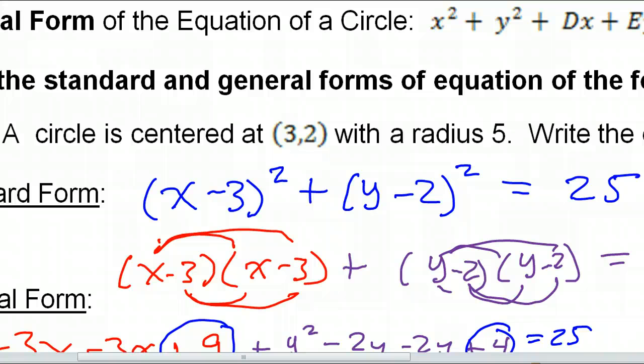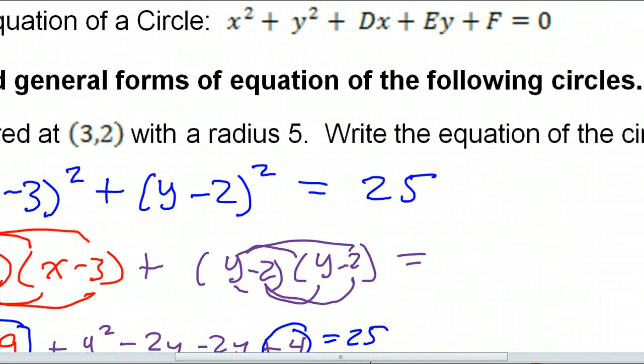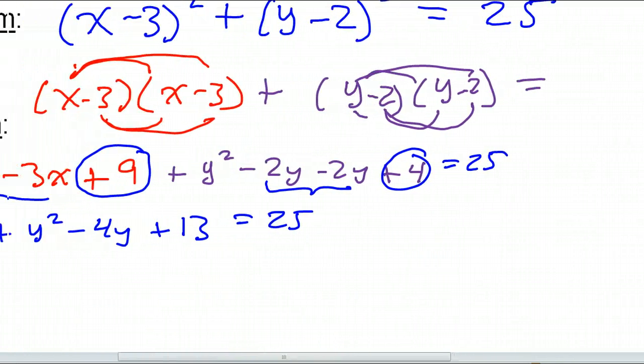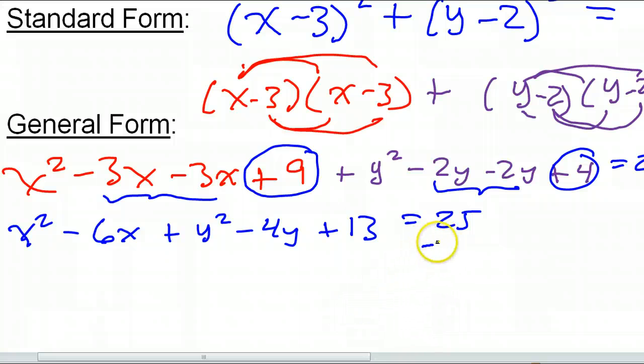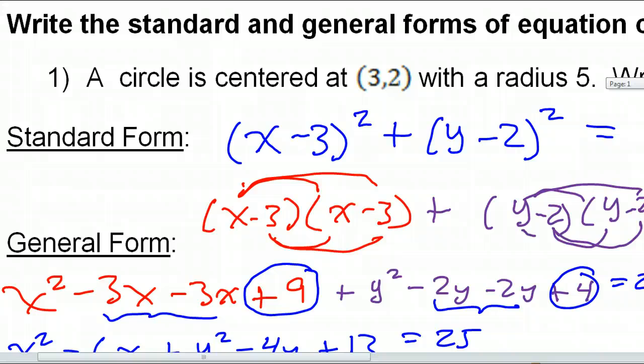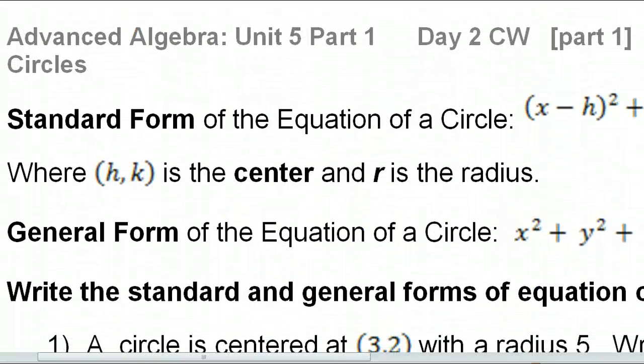Now, in general form, because that's what we're shooting for now, notice how it's set equal to 0. So let's make sure we get it all equal to 0. So what's the last step you think I'm going to do here? Yeah, just subtract 25 on both sides. All right, what's that? Negative 12. I think we need to put the x squared and y squared next to each other now, because in general form you have x squared and then y squared right in a row.